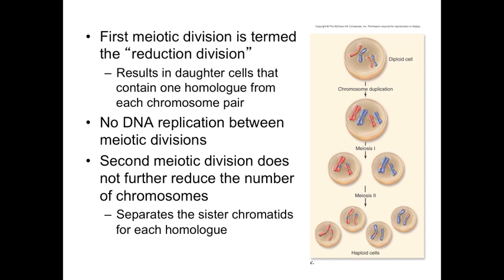So the reduction division is meiosis 1, because we're separating homologous pairs and reducing the chromosome number to half. After meiosis 1, in this case, we have 2 chromosomes in each cell. These ones are 2 replicated chromosomes. After meiosis 2, we also have 2 chromosomes in each cell, but because sister chromatids have separated, they are not the replicated version. So now we have 4 haploid cells after the completion of meiosis 2.